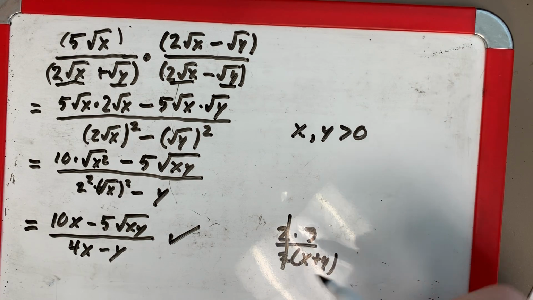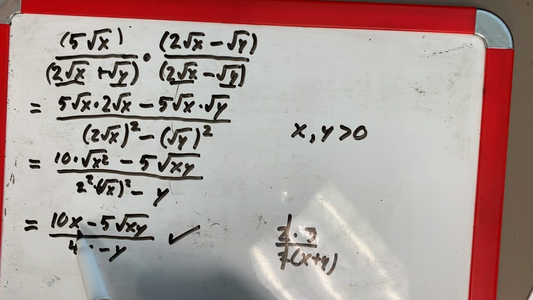However, you cannot cancel in circumstances like this, where you have x being added to something else. They need to be multiplied on both top and bottom. Here they're being added or subtracted. So you're stuck. Okay? So in this case, we are done. That's the end of this example, and I will see you in example number 7.